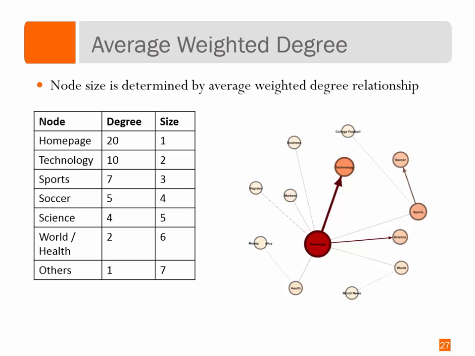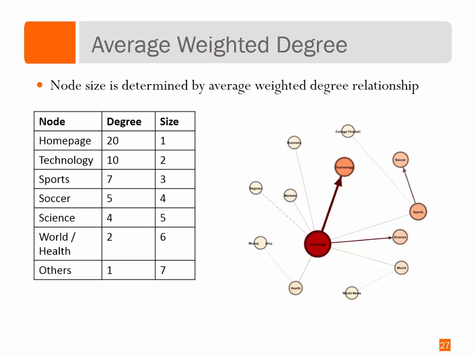When we're using average weighted degree, we include the weightings, the emphasis, how much stronger those relationships are. So while we might have 1, 2, 3, 4, 5, 6 that have a lesser relationship, we have 2 of our relationships that are much, much stronger. And so we have a weighted degree of 20, which gives the home page a size of 1.